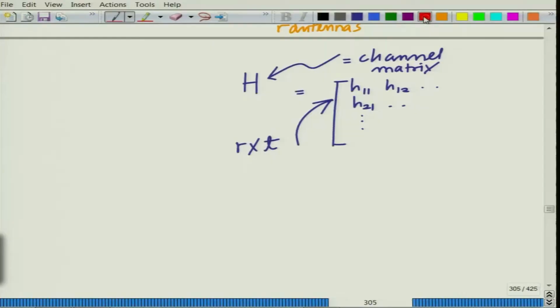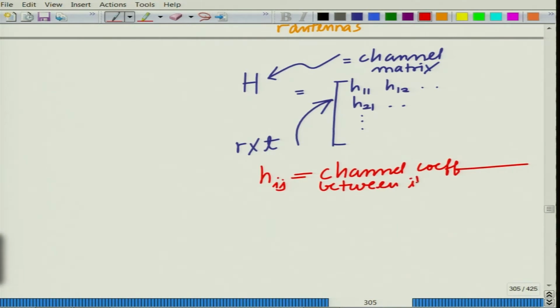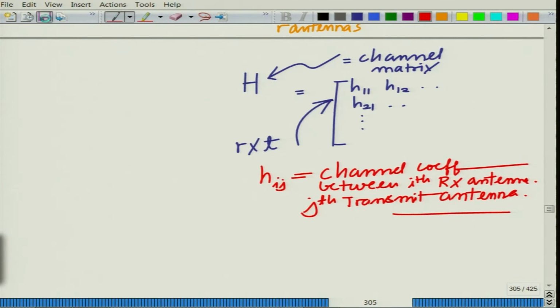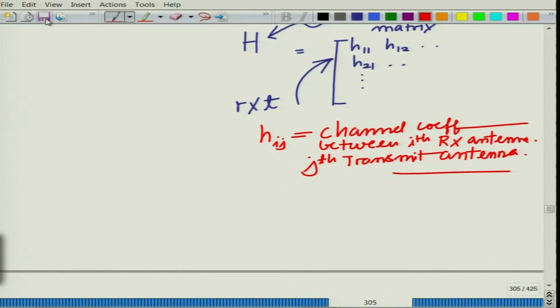Hij is the channel coefficient between the ith receive antenna and the jth transmit antenna, right.